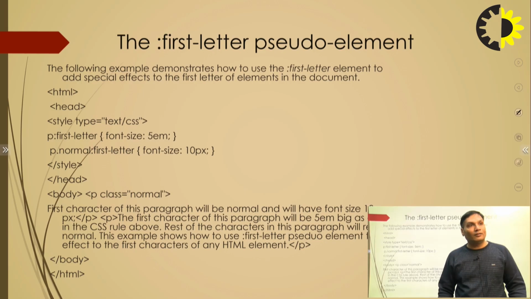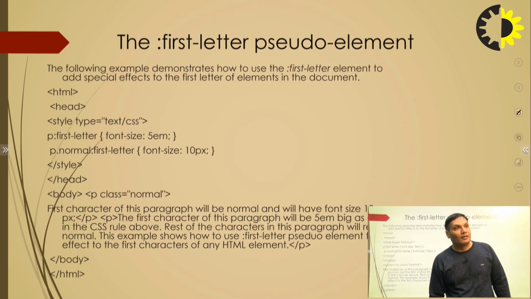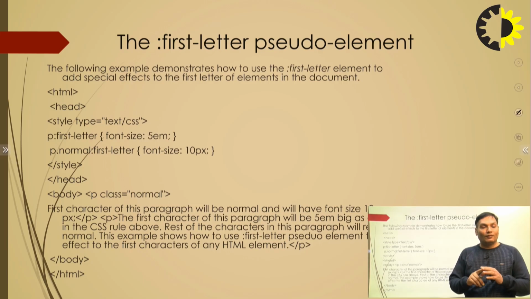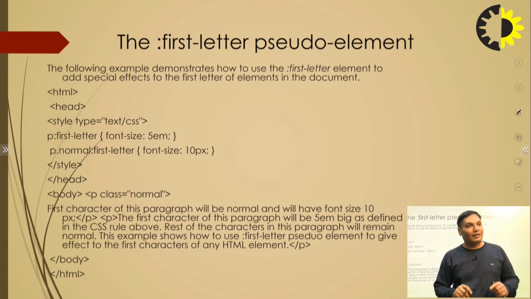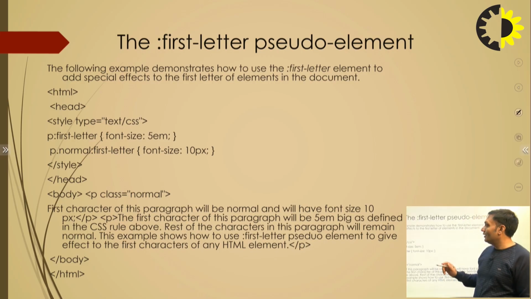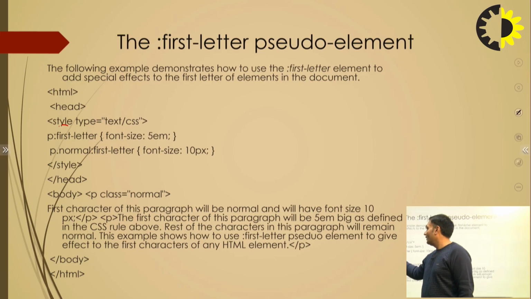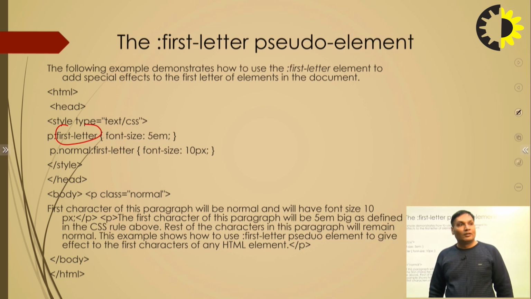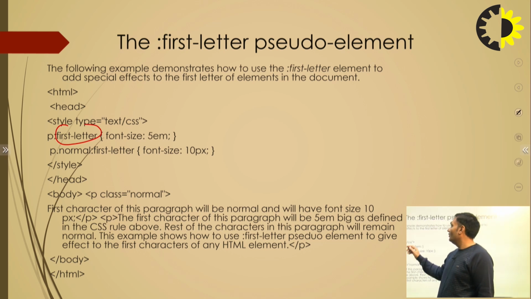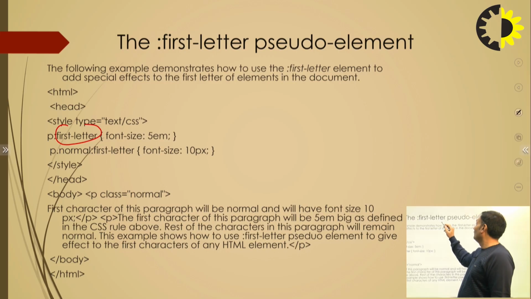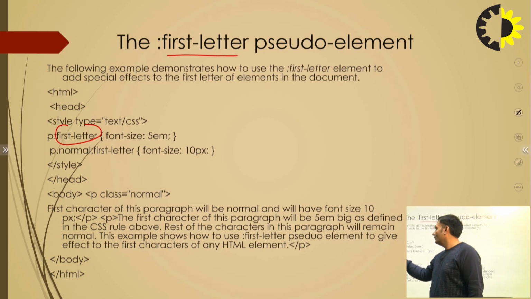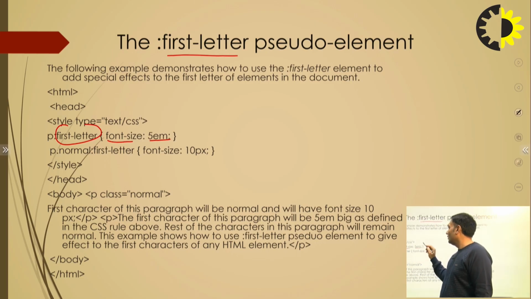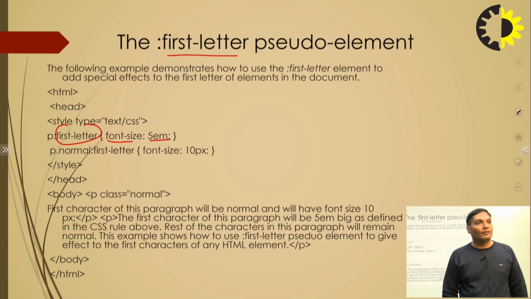First letter pseudo element. For the first letter, we don't want to change the whole paragraph, we don't want to change the first line, we just want to change the first letter of a paragraph. So we can use the first letter pseudo element: p colon first letter, and the property that we want to change colon the possible value that we want to change.